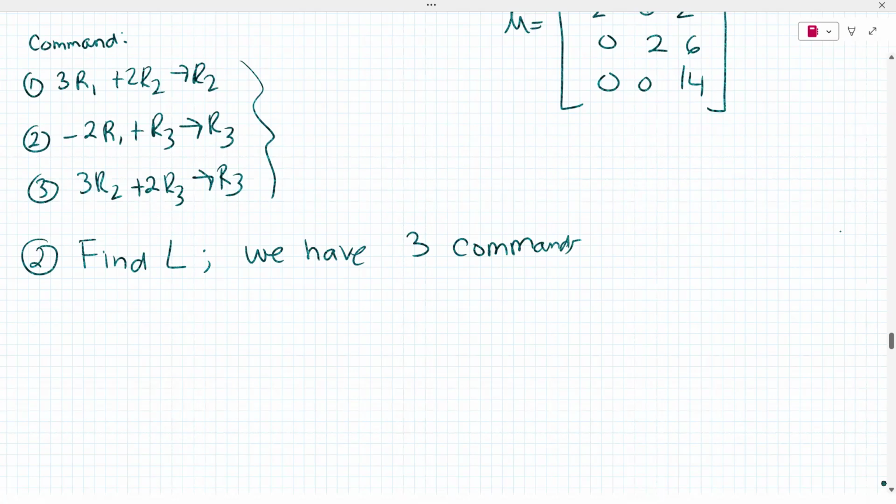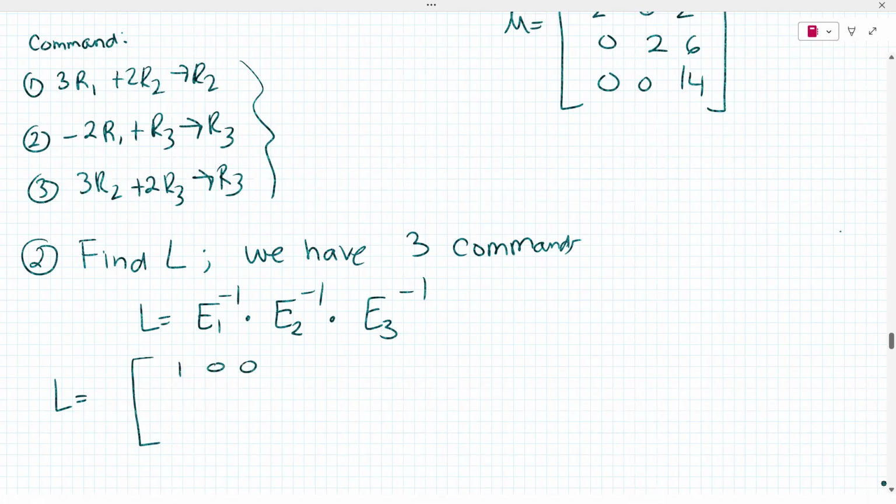Okay, so L is going to be E1 inverse times E2 inverse times E3 inverse. So do your identity matrix 1, 0, 0, 0, 1, 0, 0, 0, 1. Your second is the same.